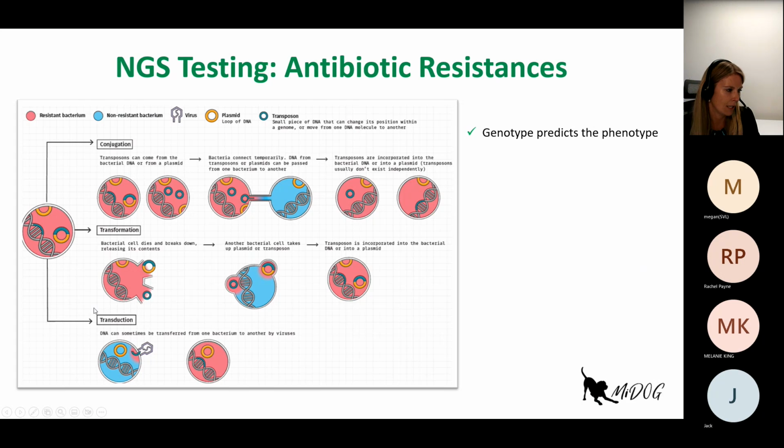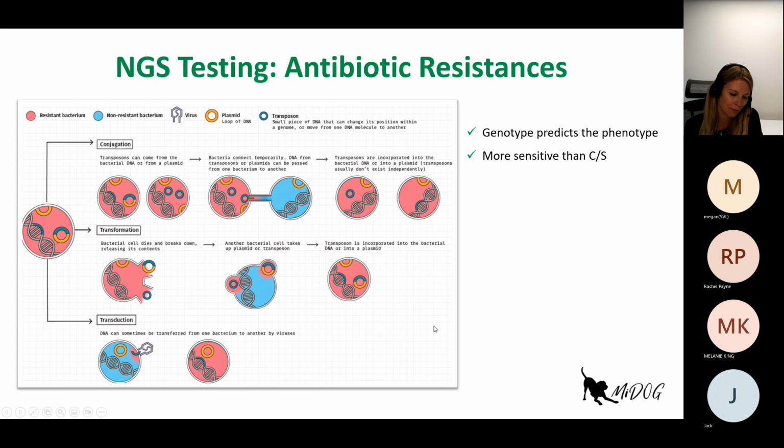The third mechanism is transduction using phages. Phages attack bacteria and infect them, and they jump from one to the next. In this case, this phage is coming from this bacterium that was carrying the resistance, and it's ejecting the resistance gene into this bacterium that was previously sensitive.